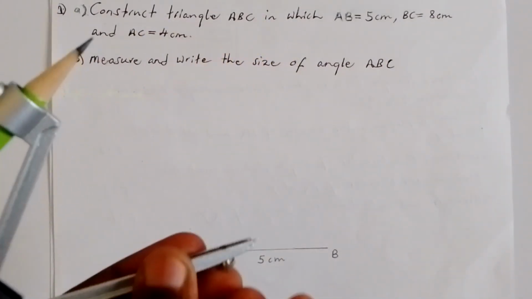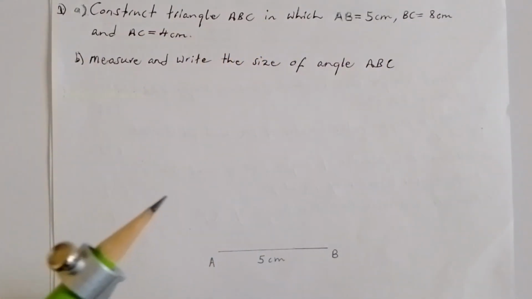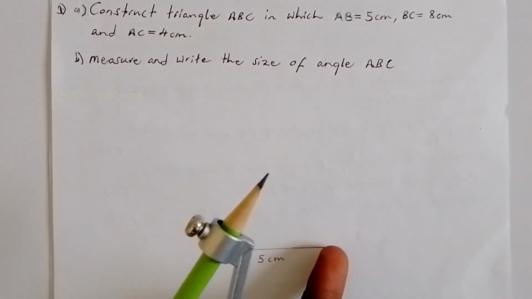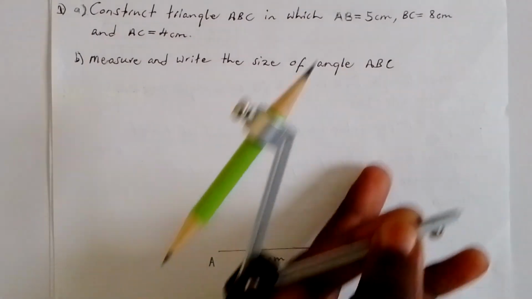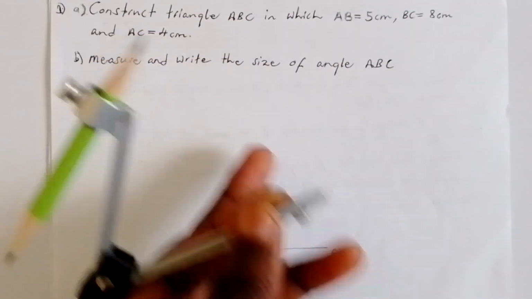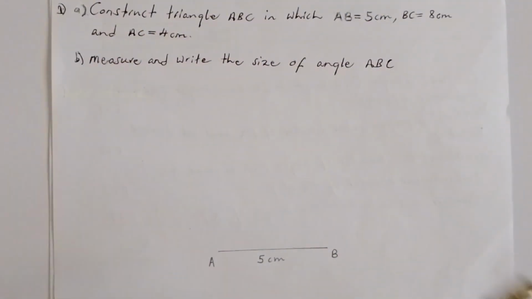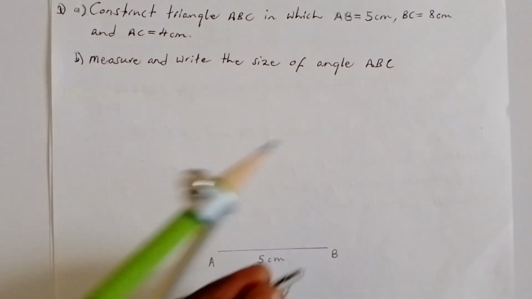What you do with this radius, since the length we want to find is BC, meaning from B here up to somewhere this side. Because C, we have to make sure that it is somewhere this side. We could even let it be down here, but I think we have much space here, so I'll opt to make sure that my point C is somewhere here.